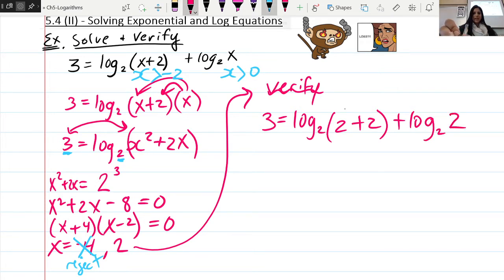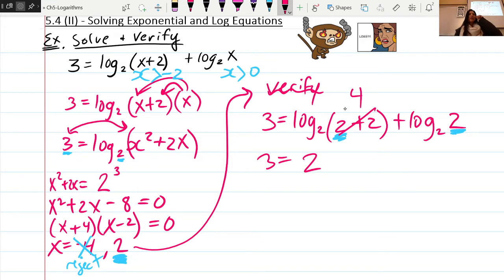Just to make this clear, this 2 is what we've plugged in here and here. So this is just going to be log base 2 of 4, which is what? This is like saying 2 to the power of what is 4. Do you see it's just the number 2?